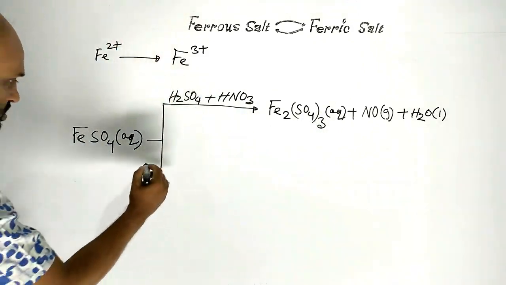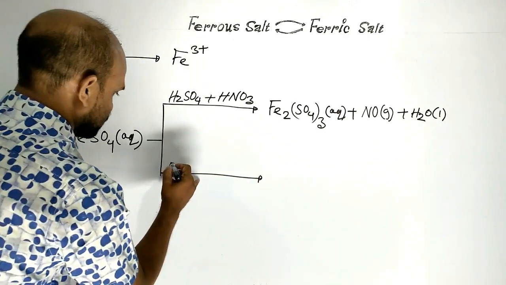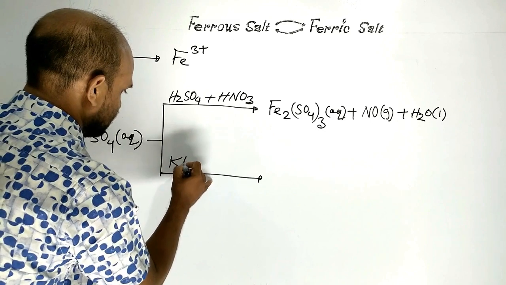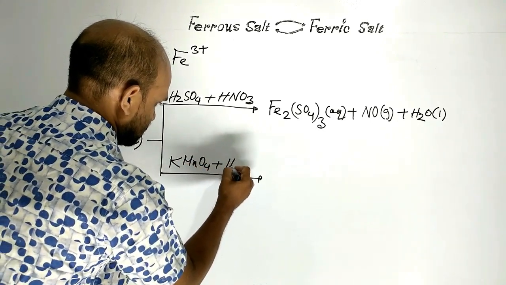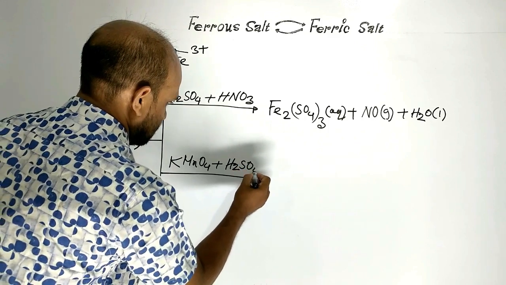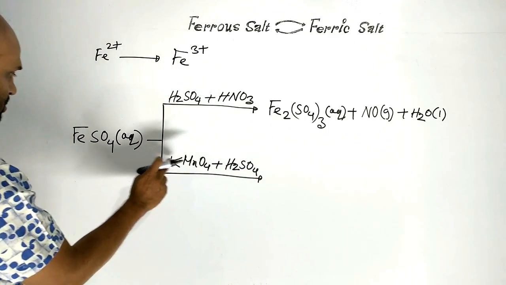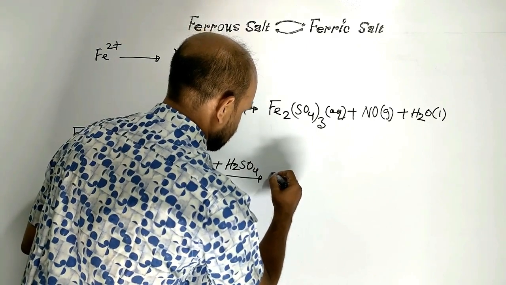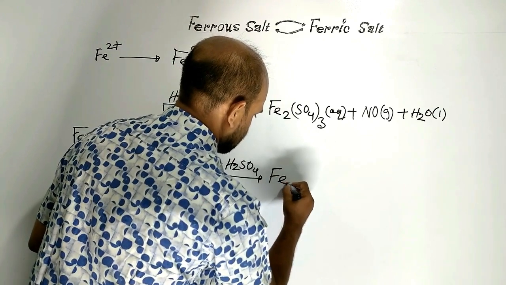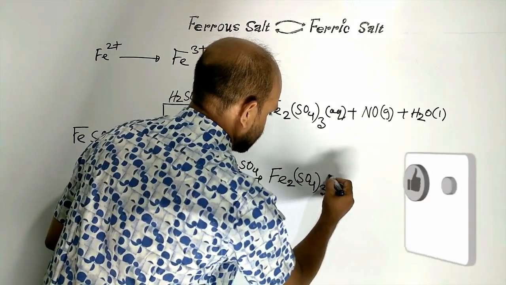Again, ferrous sulfate is treated with potassium permanganate. Acidified potassium permanganate. Then ferrous sulfate experiences oxidation. As a result, ferric sulfate is formed.